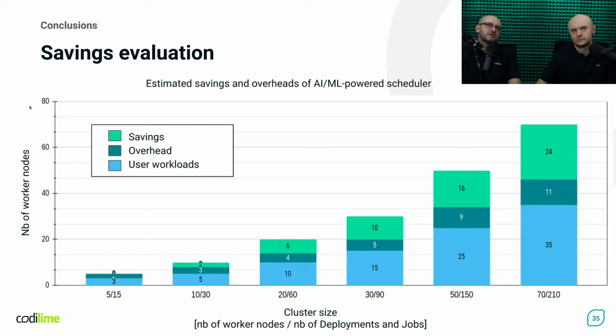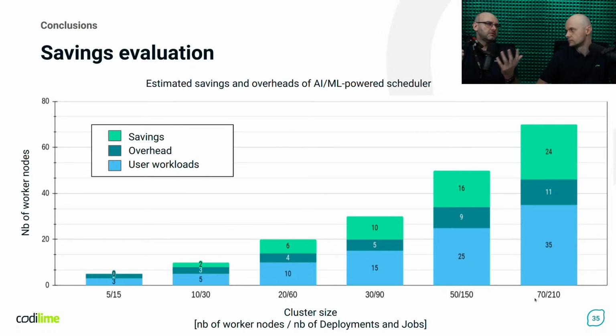In this chart, resources are represented as the number of worker nodes for different cluster sizes. So the first number here is the total number of worker nodes at our disposal, and provided that we have a more intelligent scheduler, we can, for instance, increase the overall utilization from 30% to 60%.